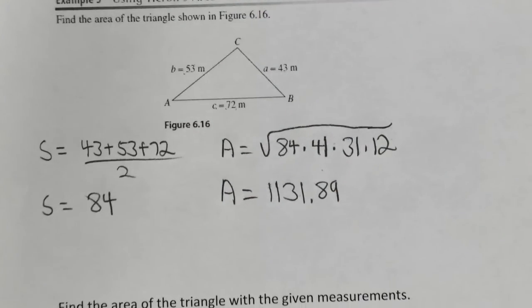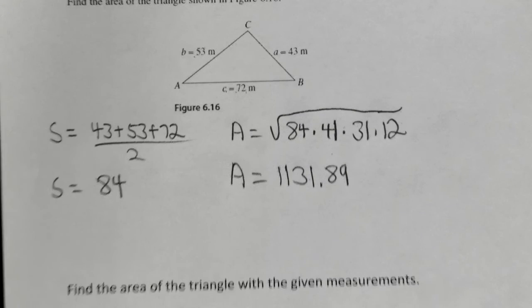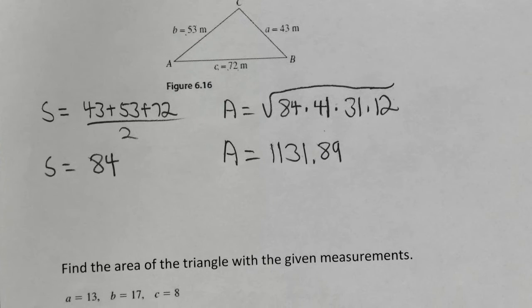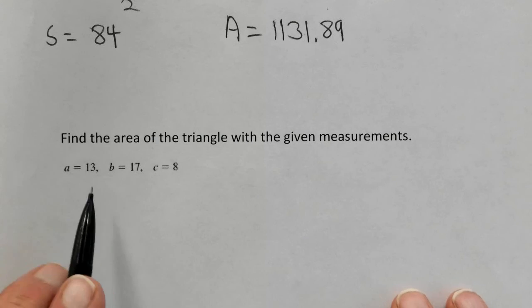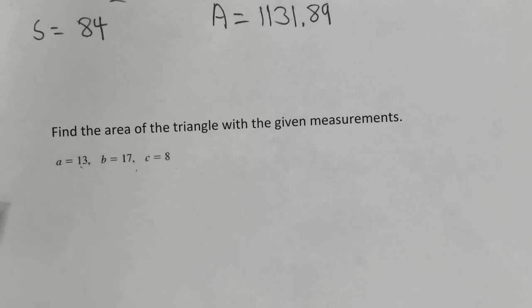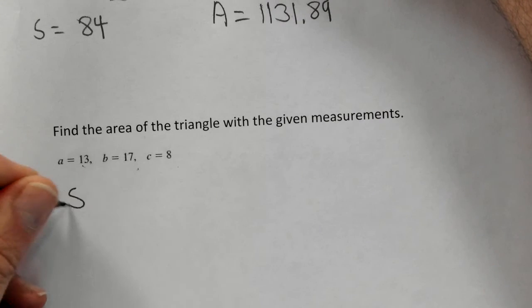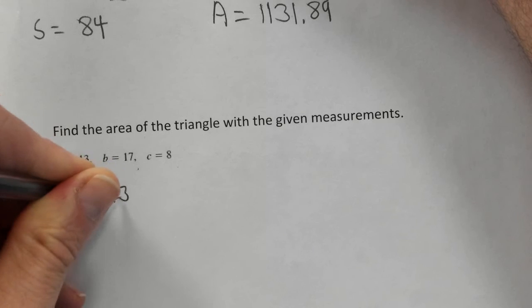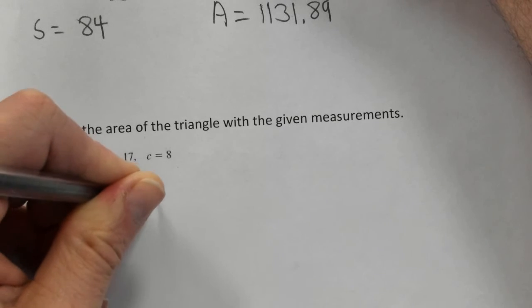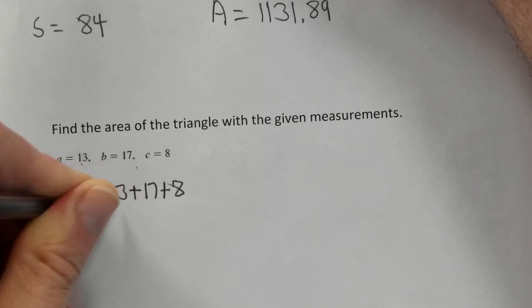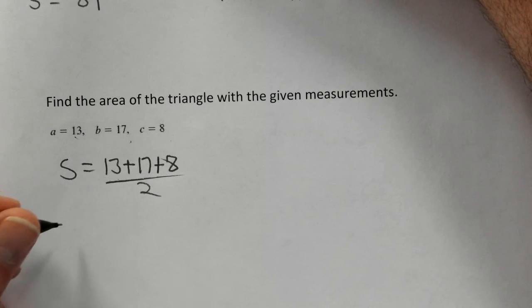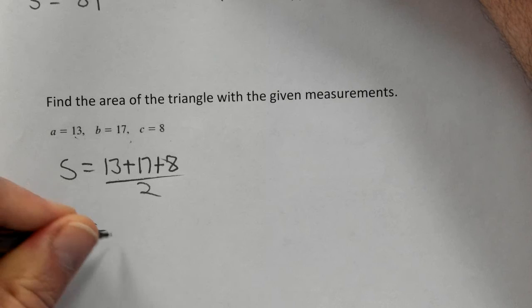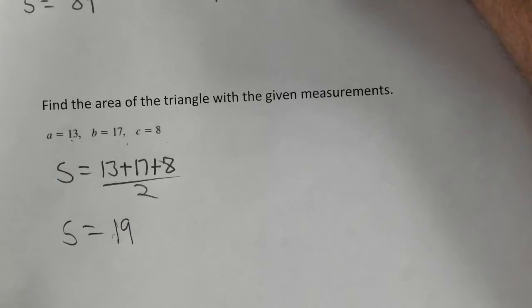Okay. So again, these two formulas just give you alternative ways to find the area when you don't have the height. Let me see. What else we got? So we got another triangle here, and we have all three of the sides. So we want to calculate the S first, which is 13 plus 17 plus 8 divided by 2. And so the S in this case is going to be 19.